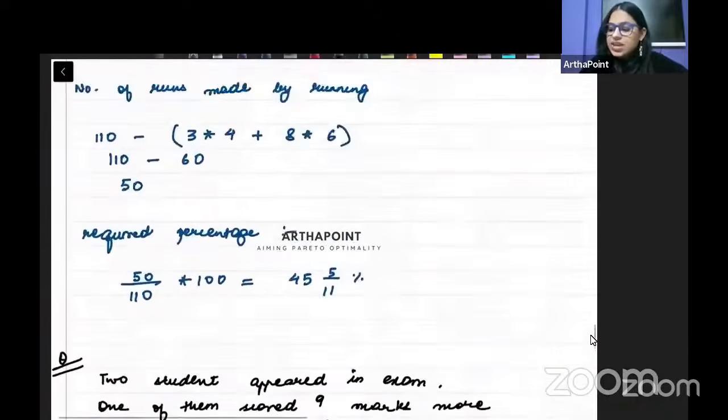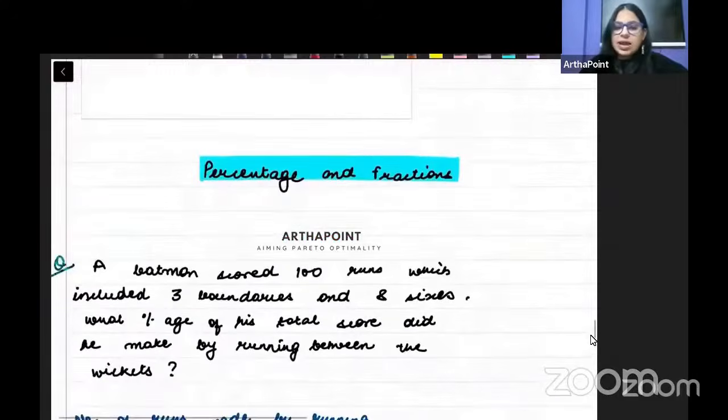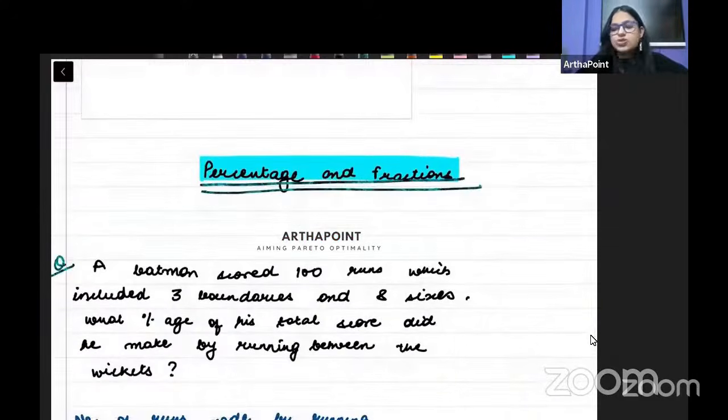Okay. The next kind of questions which can be asked in exam are the questions related to percentage and fractions. Now, percentage fraction is very simple. You will be asked that suppose there is a square and its length has been increased by so and so percentage.